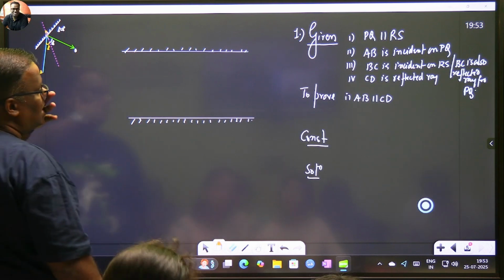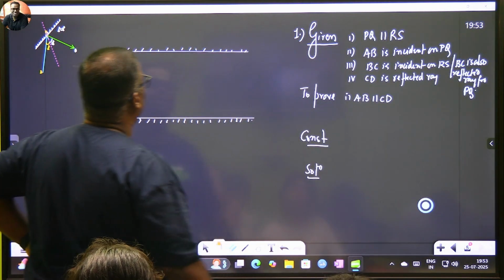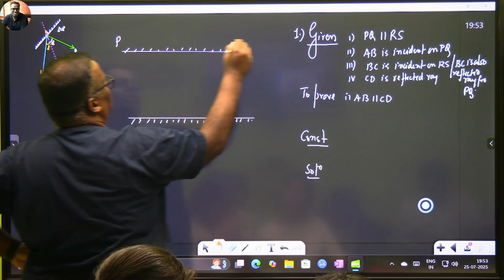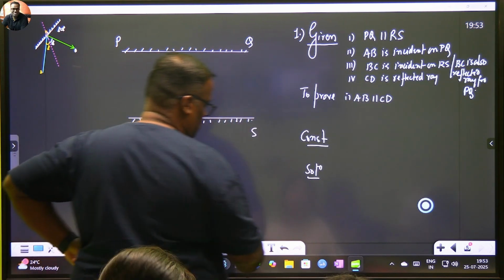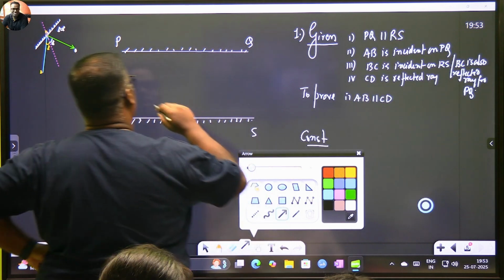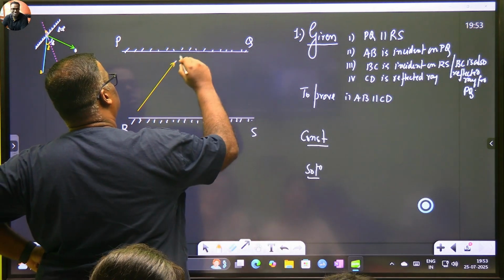Okay. Then it says what? AB is incident on PQ. So this is PQ and this is RS. AB is incident on PQ.